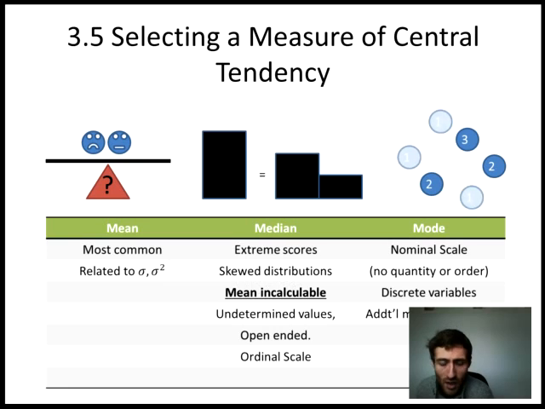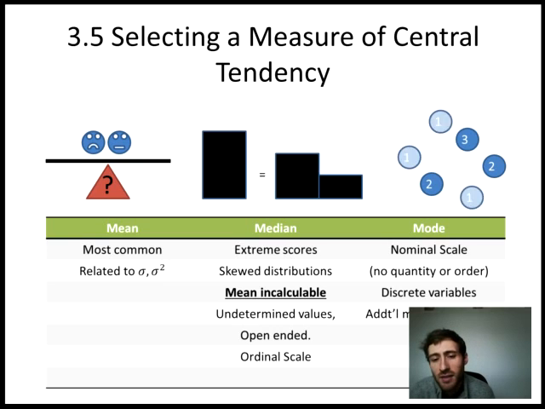distributions. Other situations where you want to use the median is if the mean, you just can't calculate it because, for example, you have undetermined values. So an example from the text might be you gave someone a task to complete, you record the number of minutes, but then there's a certain number of people who just didn't even finish the task.